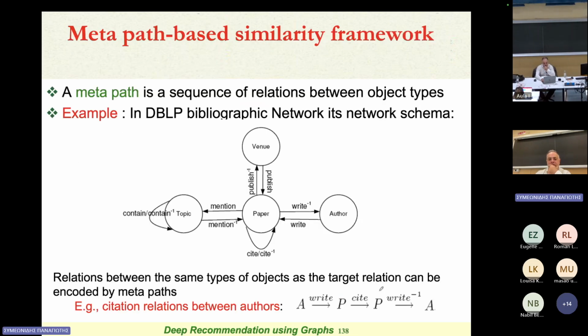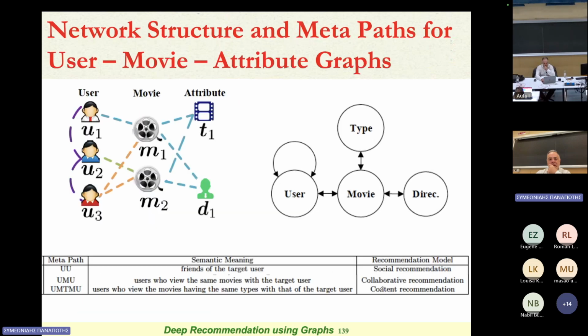So in these metapaths, for example, here we have a tripartite graph. It consists of users, movies, and attributes, categories of movies, let's say. And here you can have a metapath that says, for example, UMU. UMU is like the collaborative methodology.